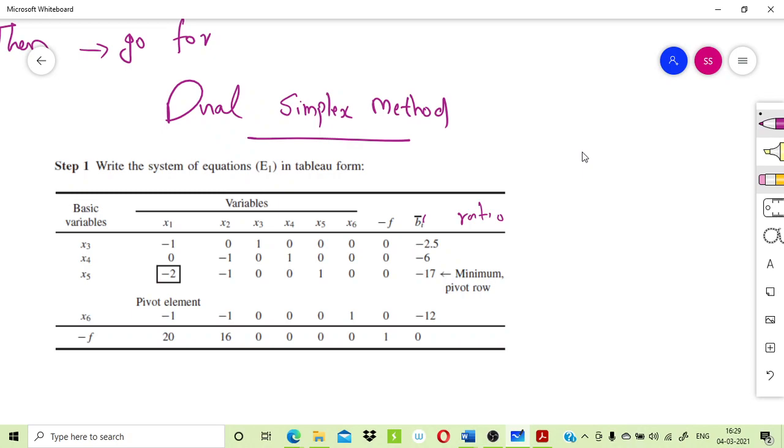That means you have to swap the concept in finding the entering variable as well as the leaving variable. Instead of observing the minus f row, you have to observe the solution column, that is the b_i solution column.